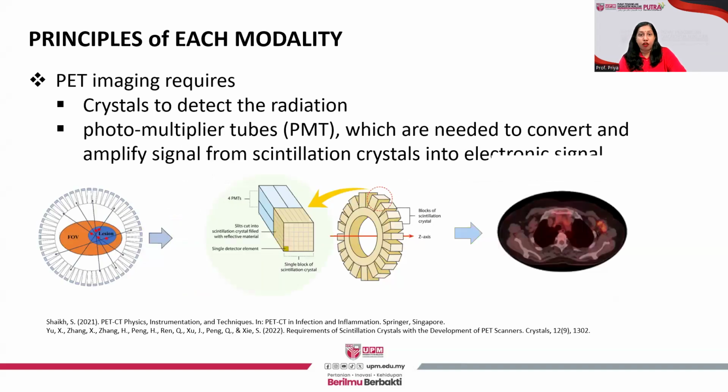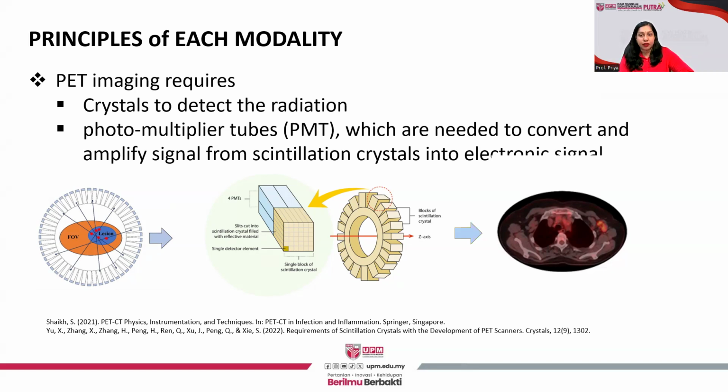The principle of PET is based on the intravenous injection of radiopharmaceuticals such as 18F-FDG. These produce photons due to annihilation of the positrons inside our body, and these high-energy photons of 511 keV will be generated and captured by the detectors of the PET-CT.